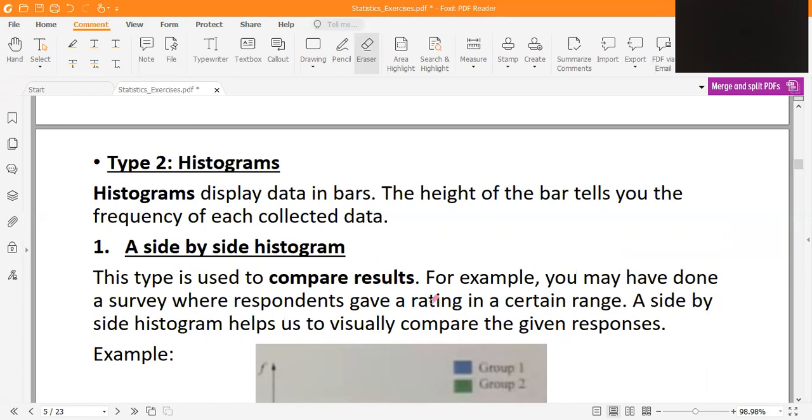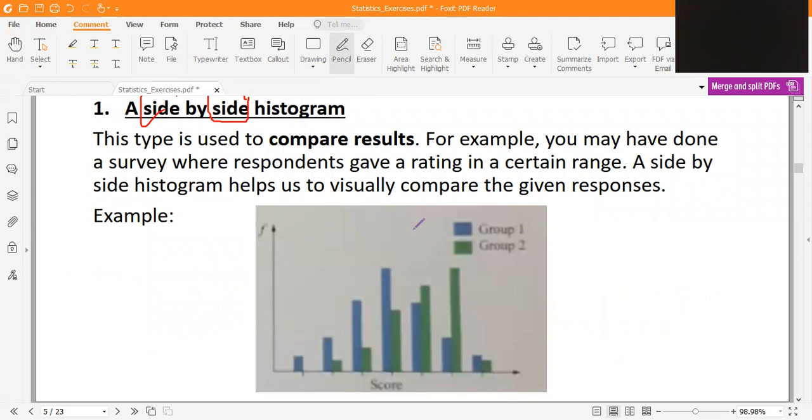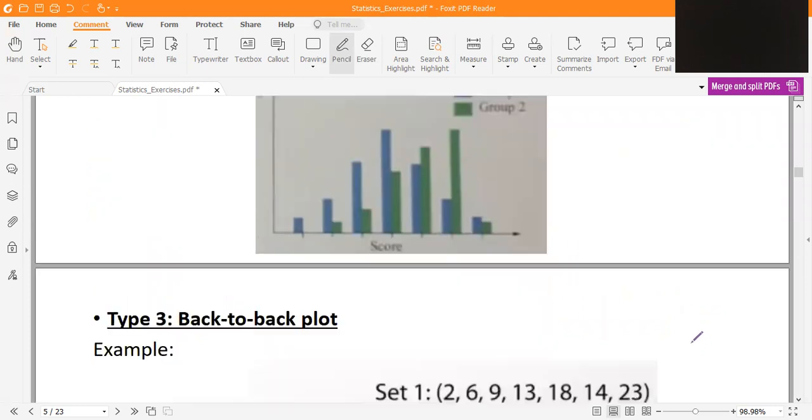We can also have a side-by-side histogram, where we have a common survey or topic on two different groups, countries, or teams. Side-by-side histograms compare results, helping us visually compare the given responses.